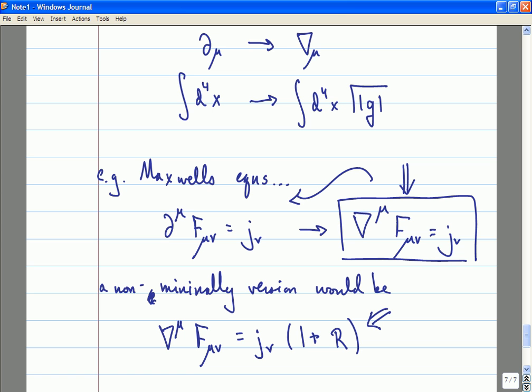But if you're in a curved space-time, there'll be corrections involving the second derivatives of the metric, right? And so Maxwell's equations in curved space are not the same as Maxwell's equations in flat space. They're Maxwell's equations in curved space, and they have to be analyzed, and their physical implications will be different from Maxwell's equations in flat space.